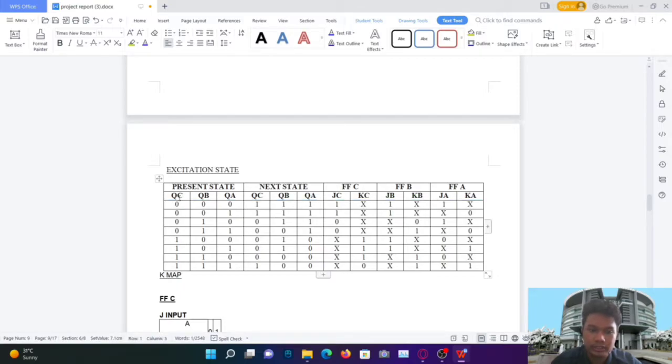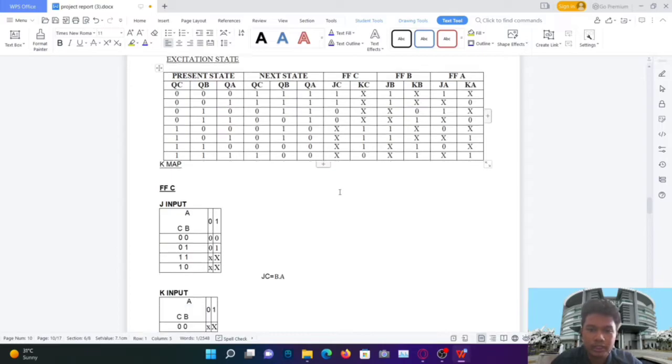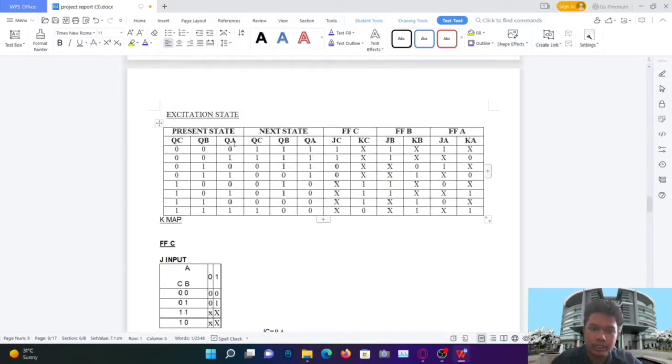We take QC present state and QC next state 01, which means it will come out as the output 1x, and go on for the next QB and QA and the ones below them.